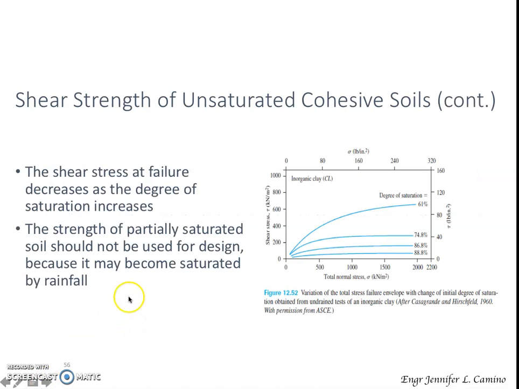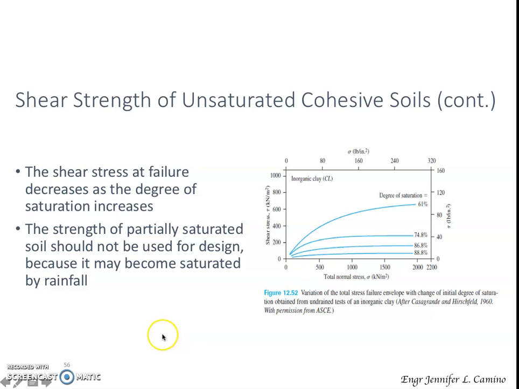So that's one. This is a variation of the total stress failure envelope with change of the initial degree of saturation obtained from an undrained test of an organic clay. So the shear stress at failure decreases as the degree of saturation increases. So the strength of partially saturated soil should not be used for design because it may become saturated by rainfall.